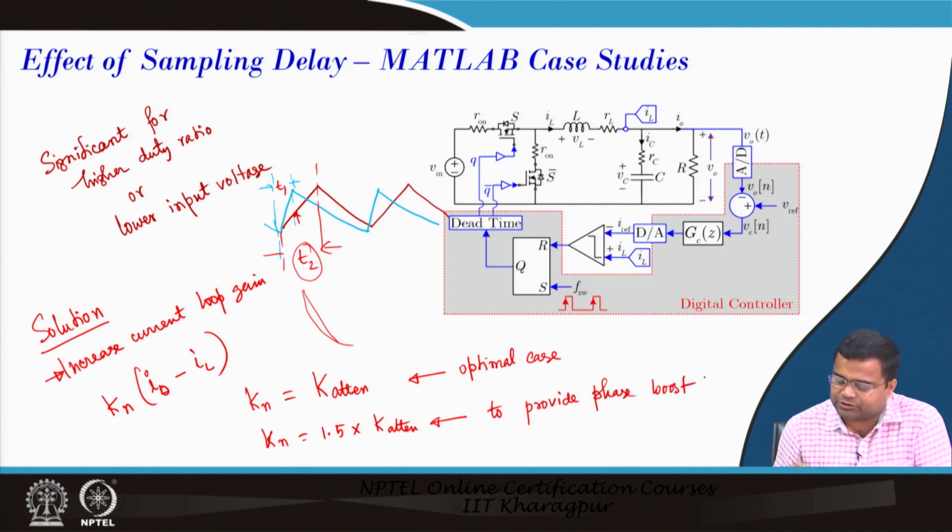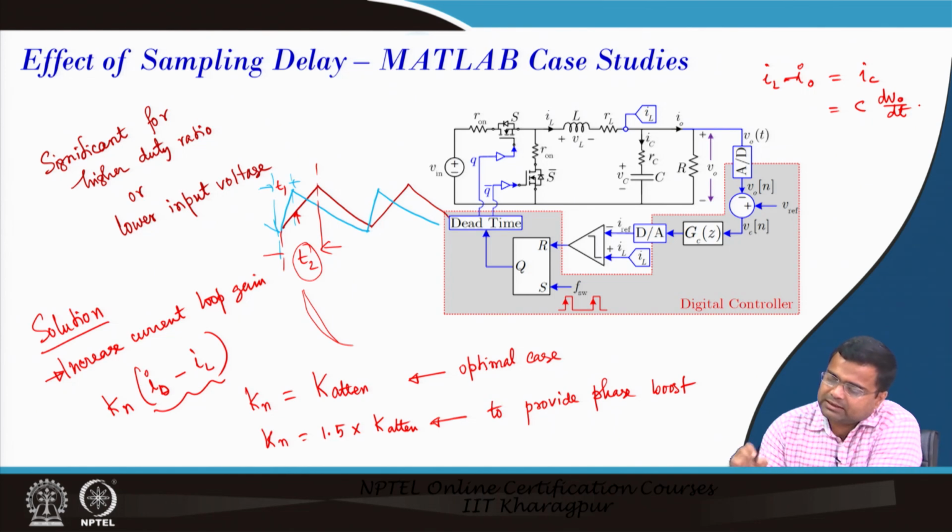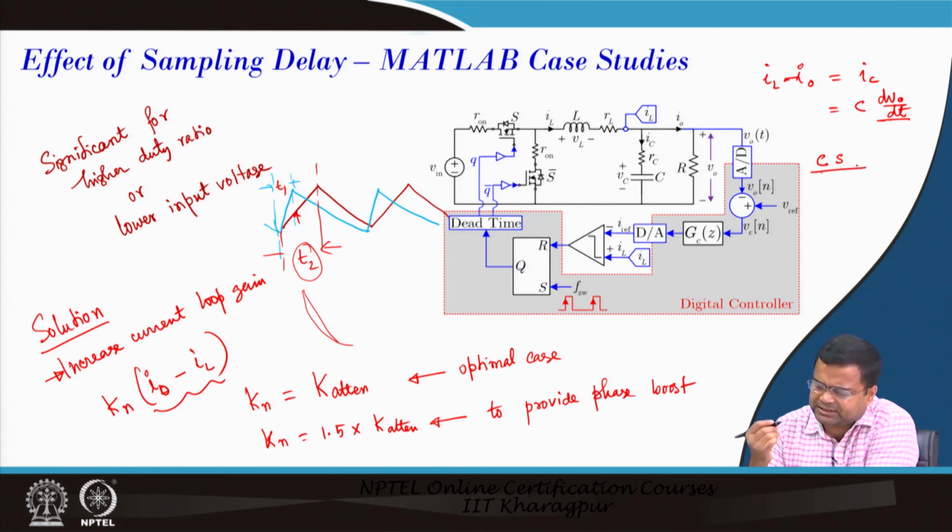Why do we say phase boost? Because this term, IL minus I0, in a buck converter is nothing but the capacitor current. And what is capacitor current? It is C dVc/dt or C dV0/dt. So, this is a derivative action, and if you take the Laplace, it is like Cs, and if there is a practical derivative action, then we will have s tau d plus 1.